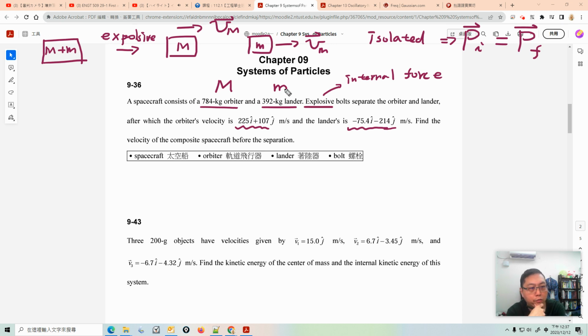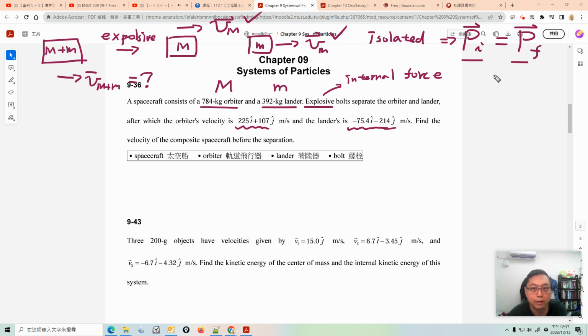After the explosive, it gives you the velocity vectors of the lander and orbiter, and you want to calculate this V for M plus m. It gives you the velocity vectors after the explosive and the masses, and wants you to calculate the velocity vector of the spacecraft before the explosive. Before and after the explosive, momentum is conserved because there is no external force.